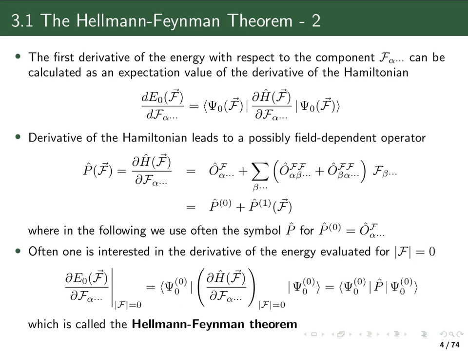Then we evaluate this derivative of the Hamiltonian at zero field strength, which means that what is left of this operator, the first derivative of the Hamiltonian with respect to the field, is just a term no longer dependent on the field, P zeroth order, also simply called P. And that is called the Hellmann-Feynman theorem.